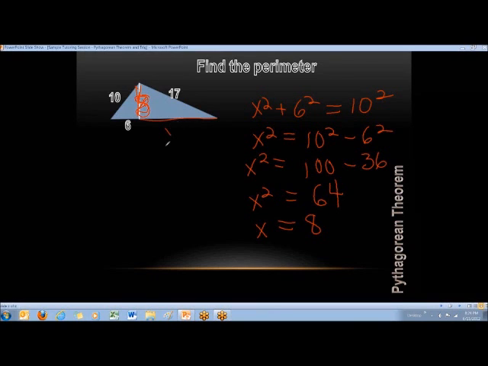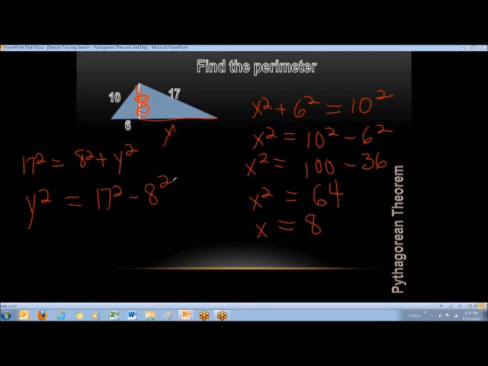Y. So 17 squared equals 8 squared plus y squared. Then you could say y squared equals 17 squared minus 8 squared.